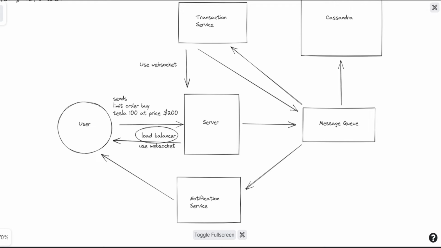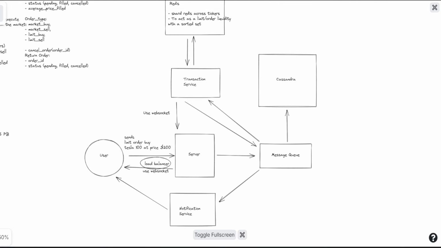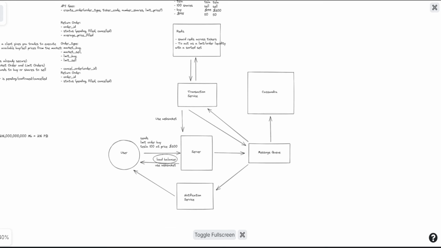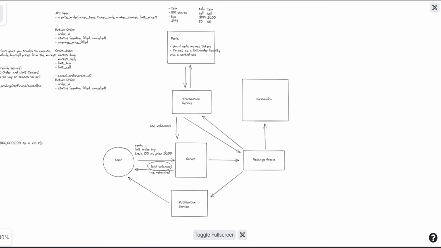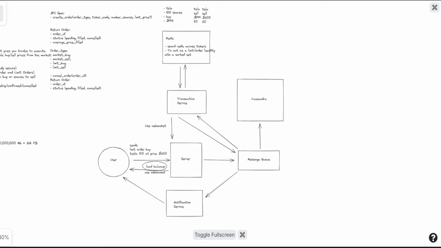Or we just make it simple and scale up the server with a round robin algorithm, or use some kind of consistent hashing using the user. I think in this case it's okay to use the user ID, the buy order, and the ticker code as the consistent hashing key, so that you can scale up and handle the throughput.